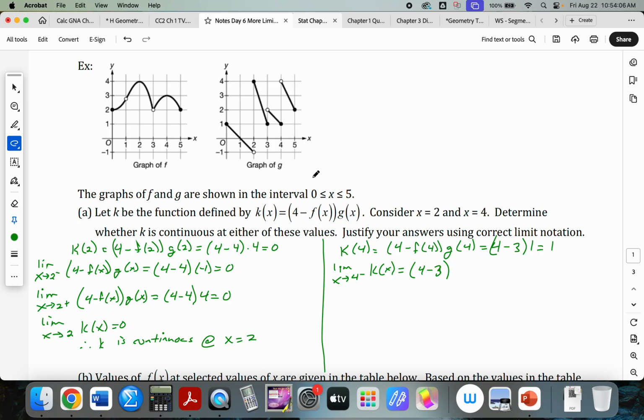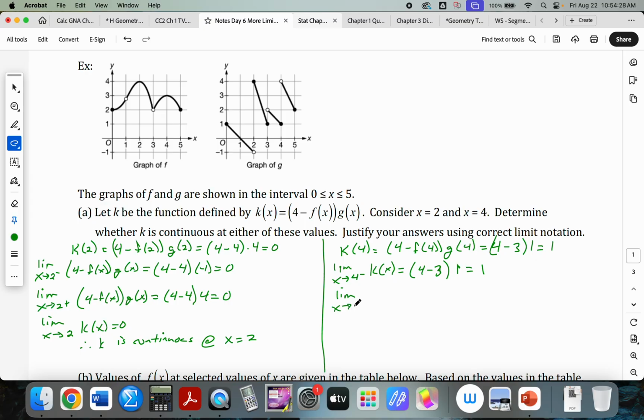And as g approaches 4 from the left, it also approaches 1. So we're like, okay, cool. This is going to be 1. It's looking good.